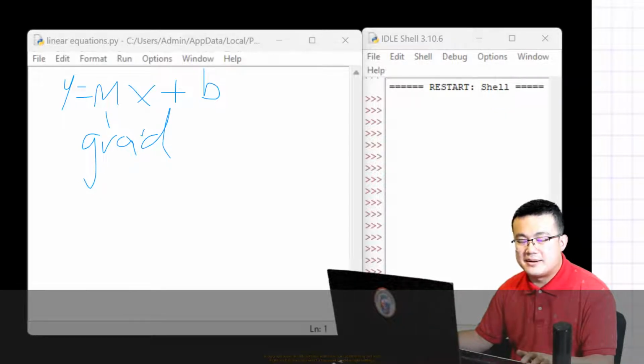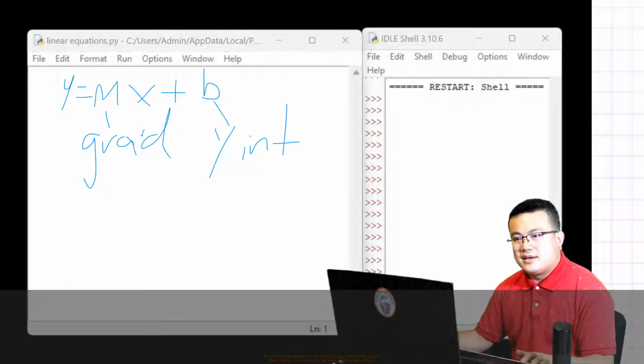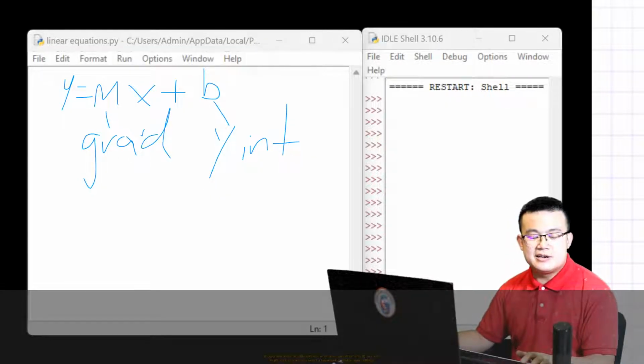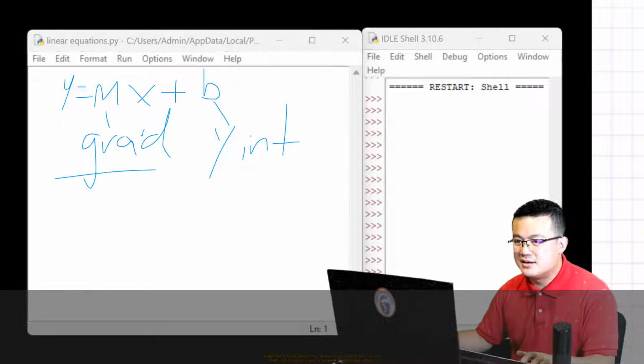I'm going to get my pen attached to this later on. y equals mx plus b is the very first linear equation that you will learn when you do linear equations. It's called the gradient-intercept formula: the gradient, which is m, and the intercept, which is b.